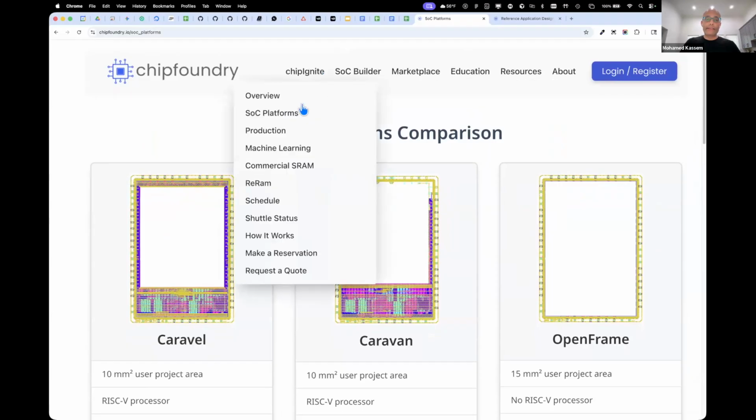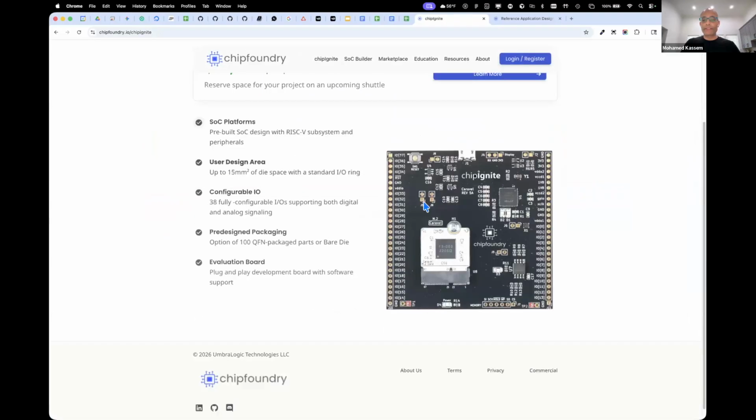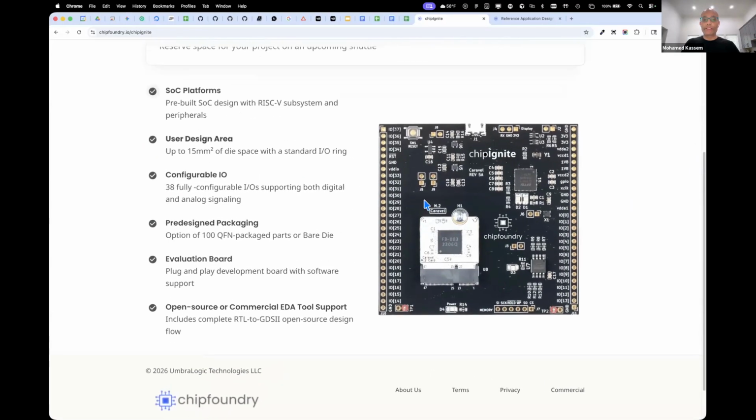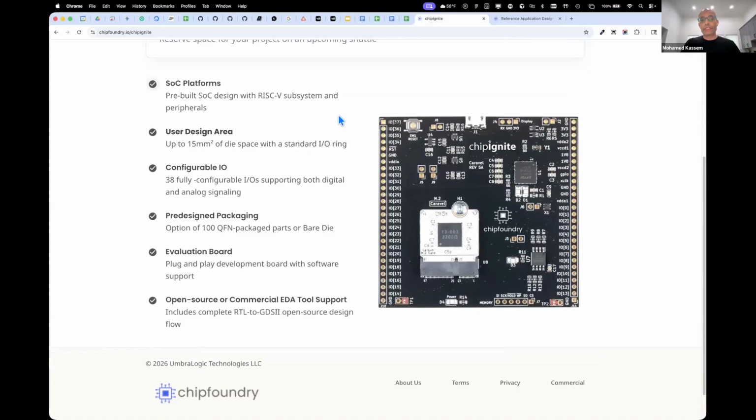A typical Chip Foundry project comes with 100 units and a development board that is specifically done with that size. You can see it has a large footprint and has all the IOs, because it's designed for characterization and testing versus having a tiny board for a specific application.